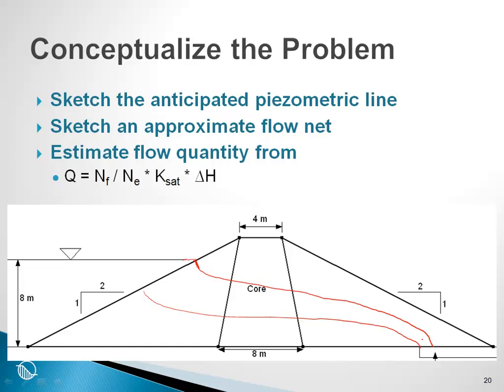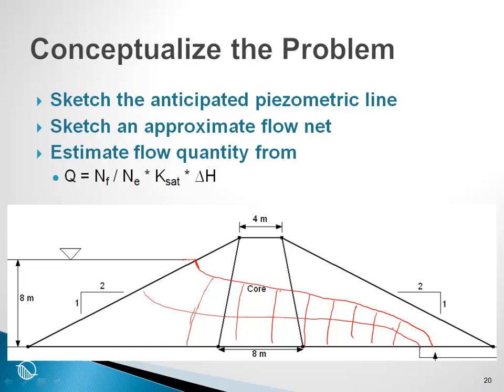And I know that in my finite element mesh, I'm supposed to have approximate squares, and so I could draw an equipotential line here, perhaps another equipotential line here, another one here, so that I'm getting approximately squares. 1, 2, 3, 4, 5, 6, 7, 8.